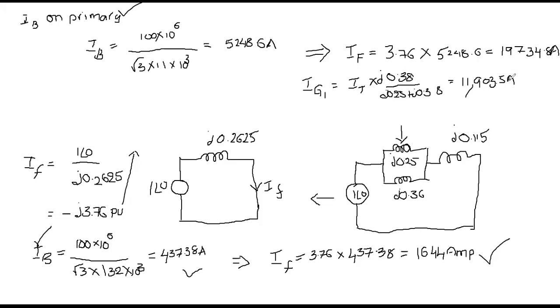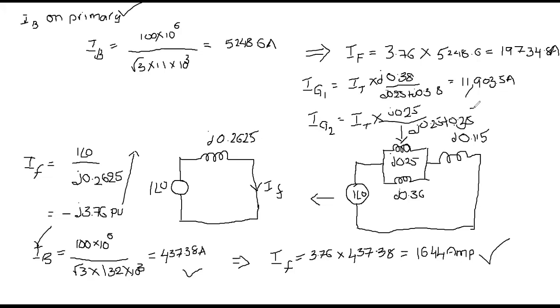Similarly, Ig2 is equal to IT multiplied by j0.25 divided by j0.25 plus j0.38.